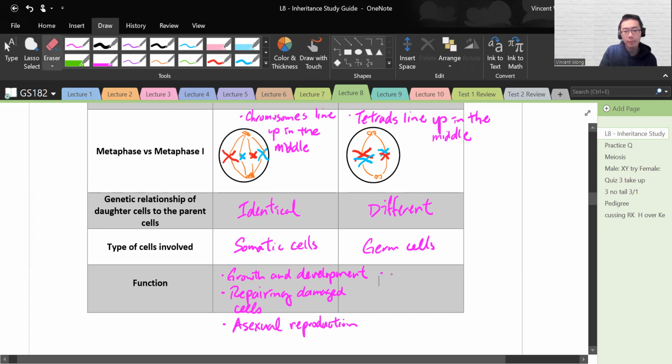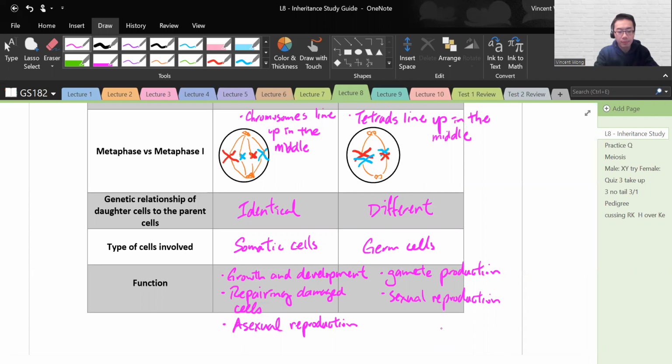On the other hand, meiosis is for gamete production, right, which is needed for sexual reproduction. Asexual means there's only one organism needed, right? They basically divide and clone themselves. Sexual means you need to have two individuals, okay? Any question?